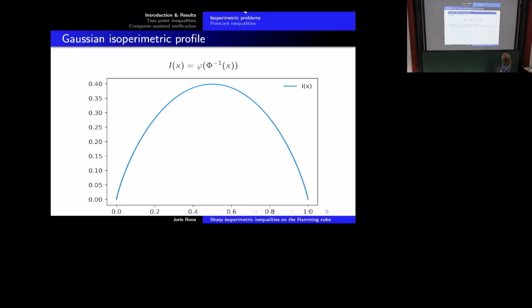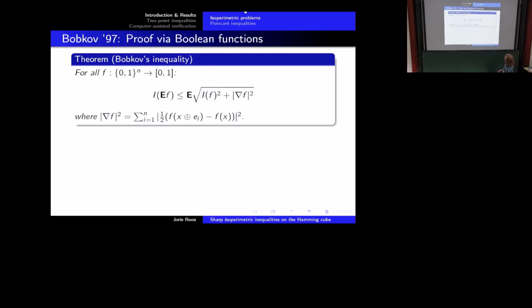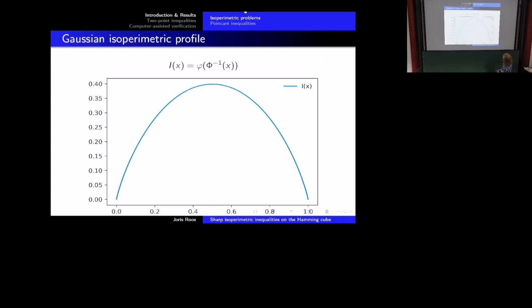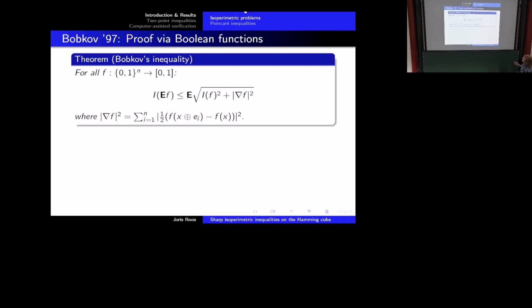So, what does this function have to do with the Gaussian space, with the analysis on the hypercube, right? What does this have to do with the hypercube? There is a proof of the isoperimetric inequality on Gaussian space that goes through the sort of isoperimetric inequality on the hypercube, and it works.